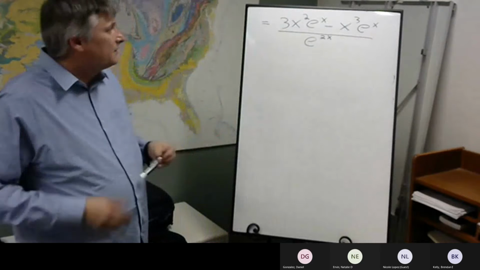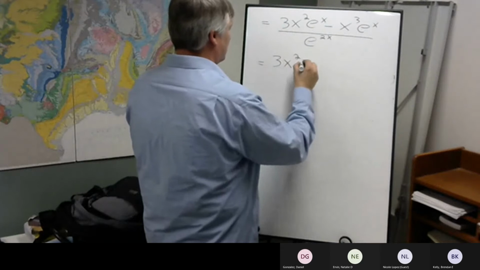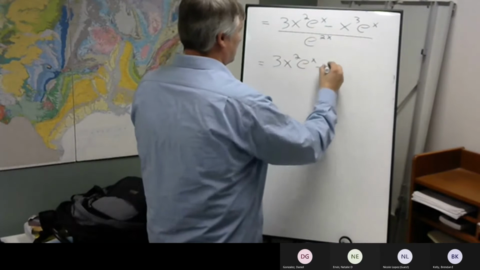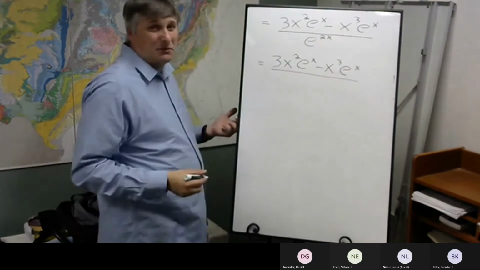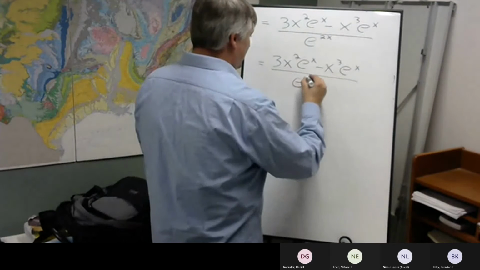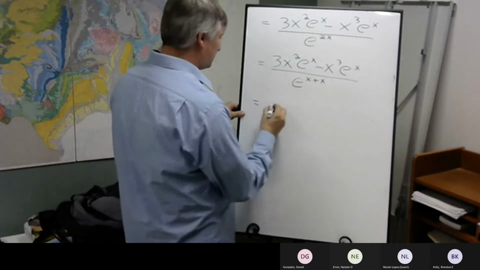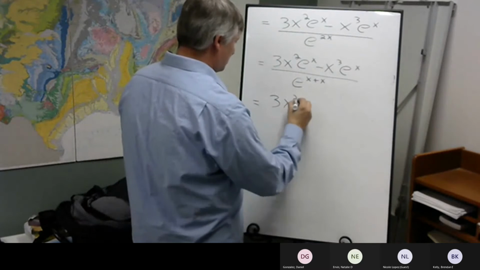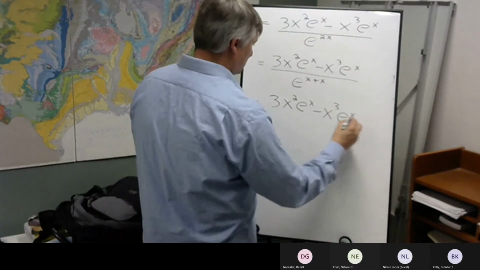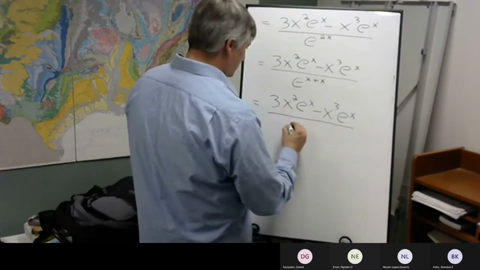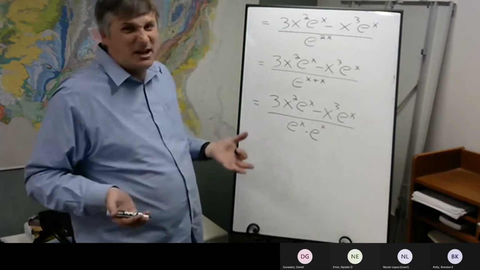And again, we can simplify this. e to the 2x is e to the x plus x, or e to the x times e to the x, which is e to the x squared.